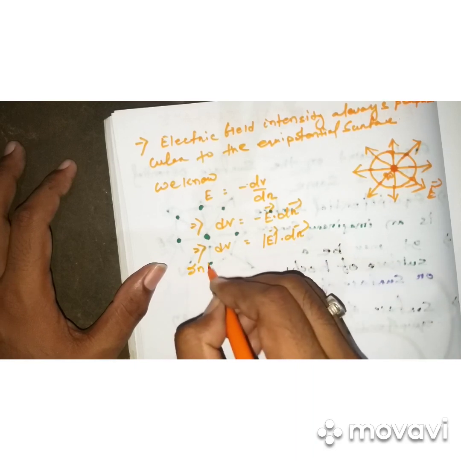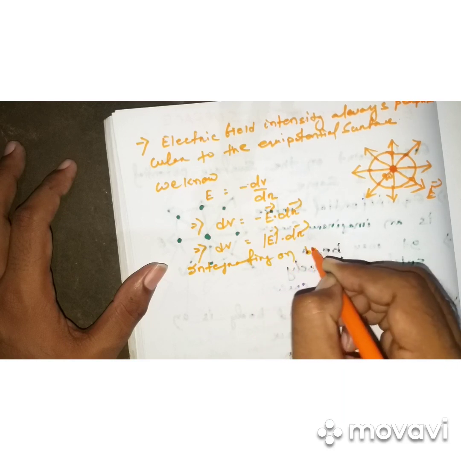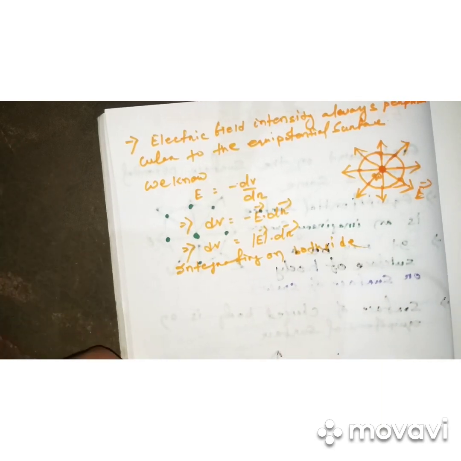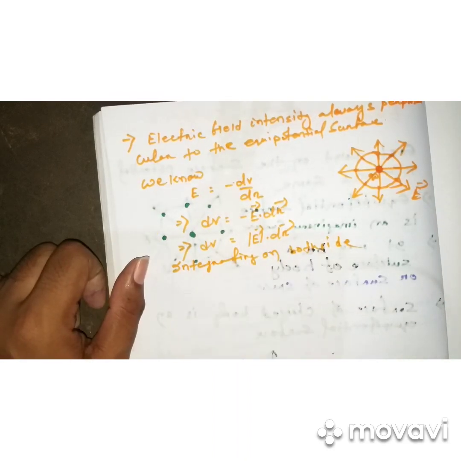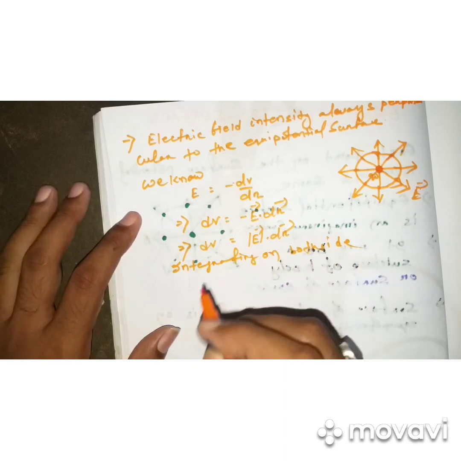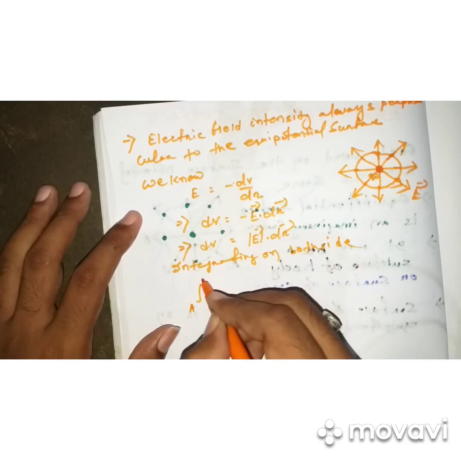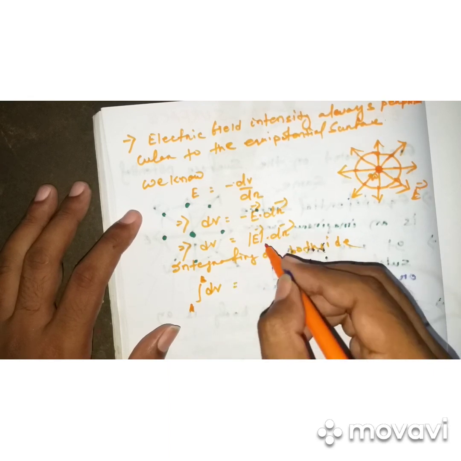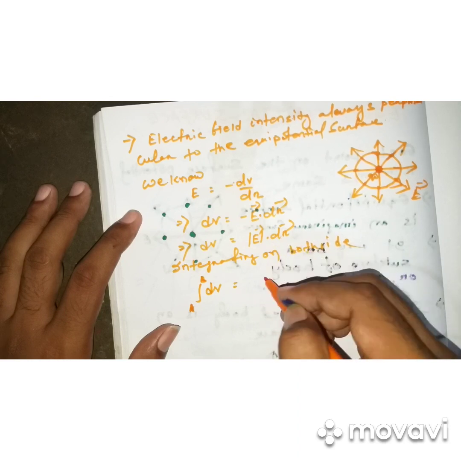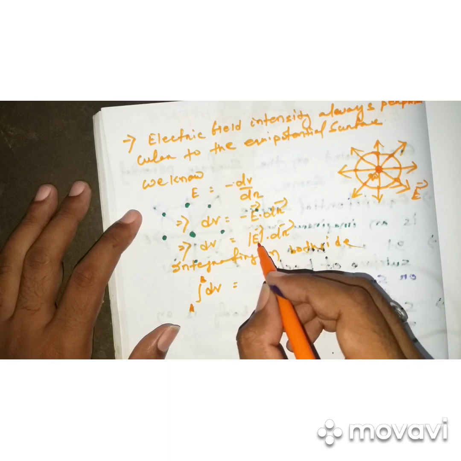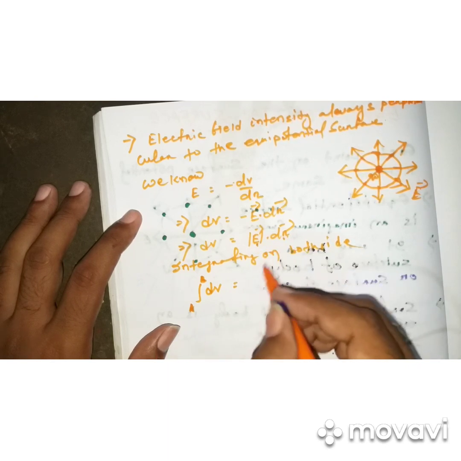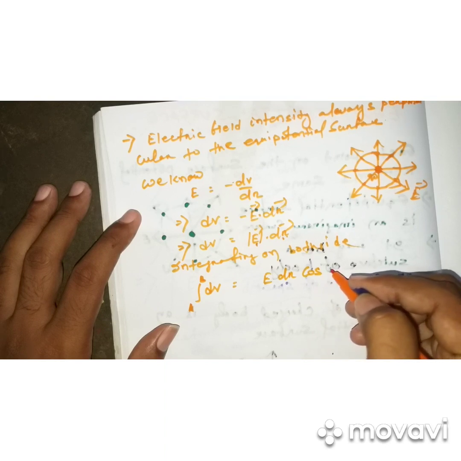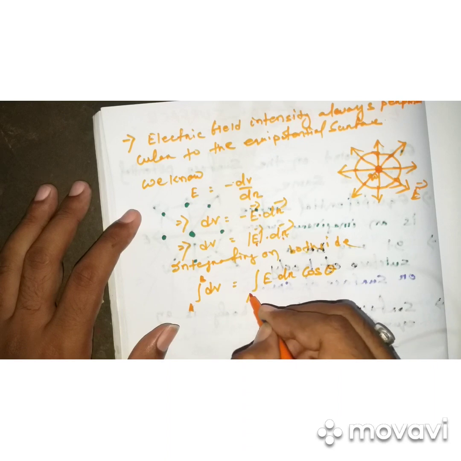Integrating on both sides with suitable limits, where the charge moves from A to B, point A to point B, integration from A to B of dV. The electric field is radially outward, so there is a dot product between E and dr, which can be represented as E dr cos theta, and the integration is also from A to B.